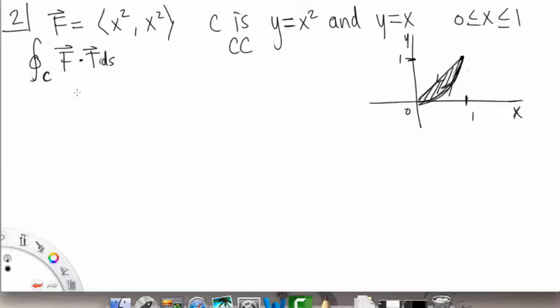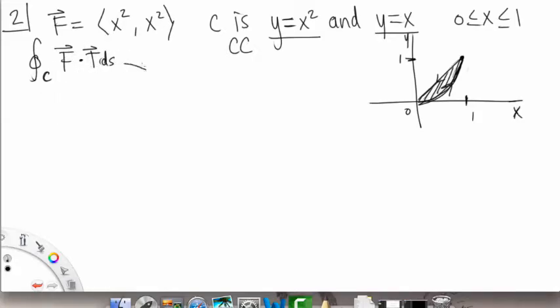So, first option, we could compute this directly, in which case we would have to use separate parameterizations for each graph, compute them separately and then add them together. But now that we have the tool of Green's theorem in our toolbox, that makes everything a whole lot simpler.